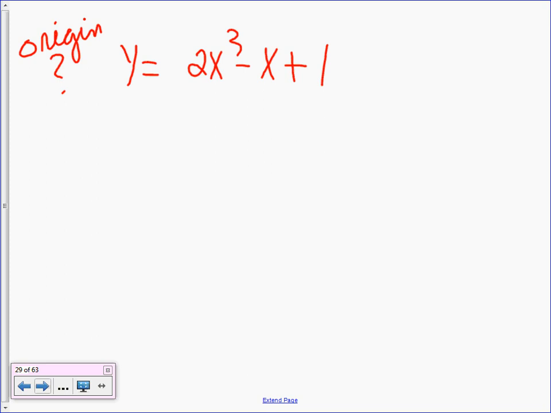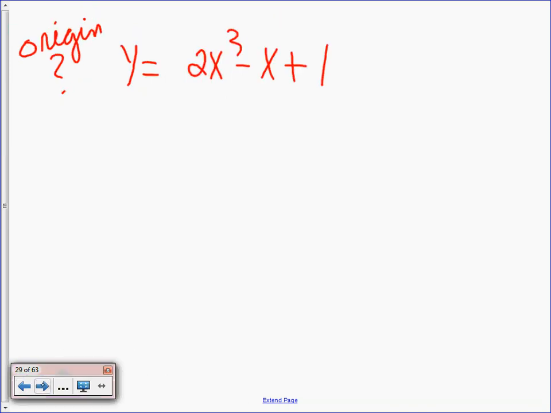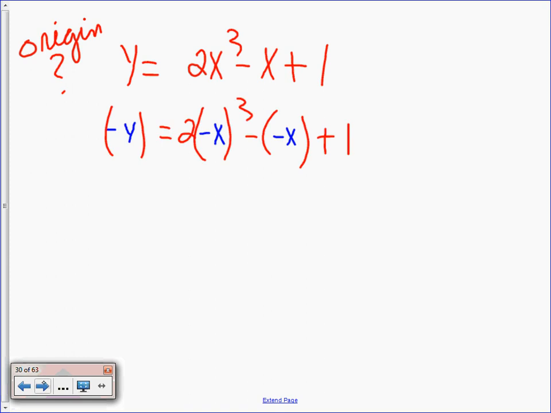Let's check for symmetry. Remember how odd functions, there's a relationship I said between the exponents? Huh, look at that. 3 is an odd number. Let's check this guy. Kind of looks like maybe it could be. Let's see. I want to check symmetry with respect to the origin. If it's symmetric, some fun thing should happen. I should be able to take out the x and replace that x with the opposite of x.